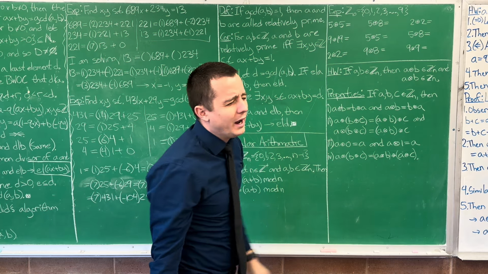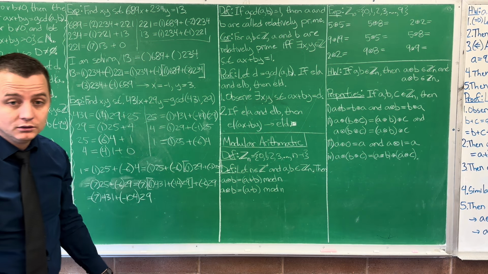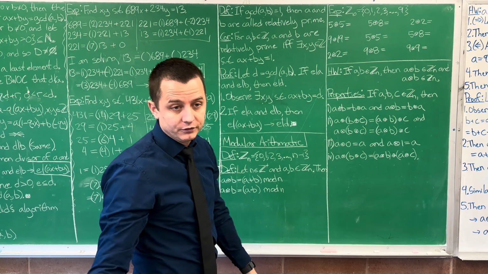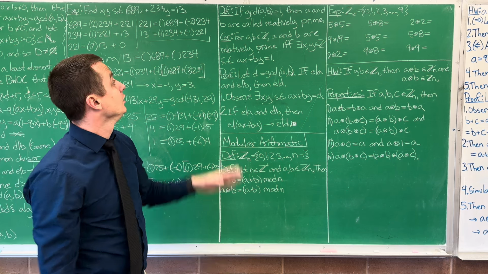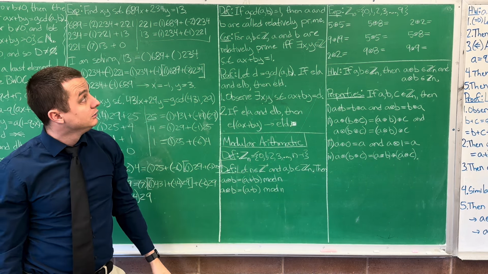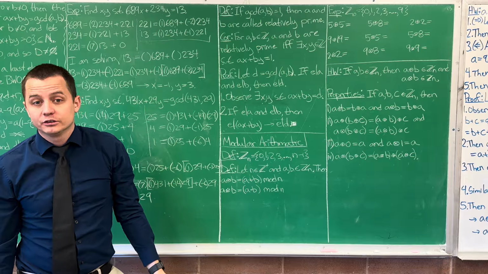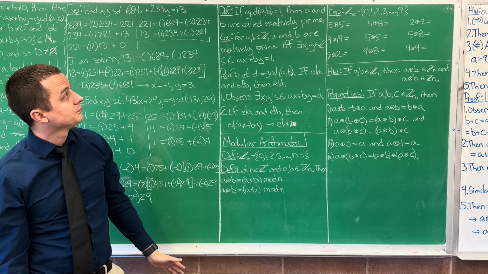What's your intuitive way of saying what a prime number is? It's only divisible by 1 and itself. Those are its only positive divisors. So we're going to call two numbers relatively prime if their greatest common divisor is 1. Which makes sense.